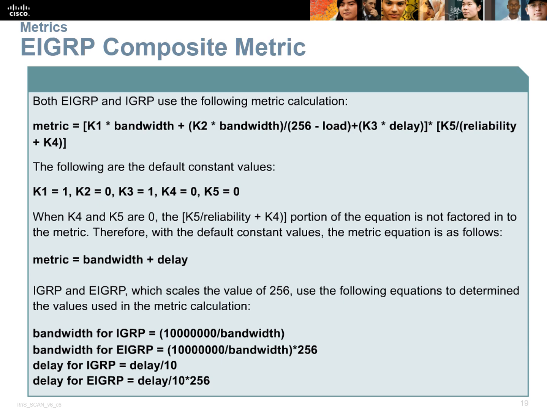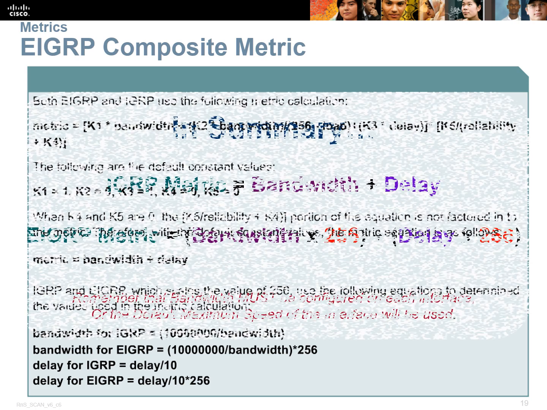The metric. The metric is comprised of 5 possible values, called the 5 K values: K1, K2, K3, K4, K5. Bandwidth, delay, reliability, load, and MTU are put together in this giant composite equation. It's all a bit messy, so let's just summarize it.